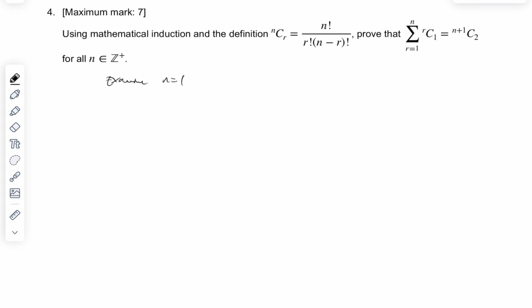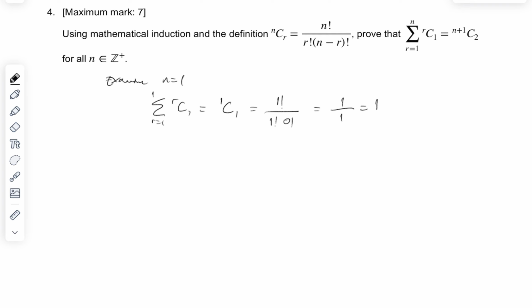n equals 1. The sum from r equals 1 to 1 of rC1. Well, that's going to mean I'll take the first one, put 1 in for r, that's 1C1, which looking at this is 1 factorial over 1 factorial and 0 factorial, that's 1 over 1, which is 1.